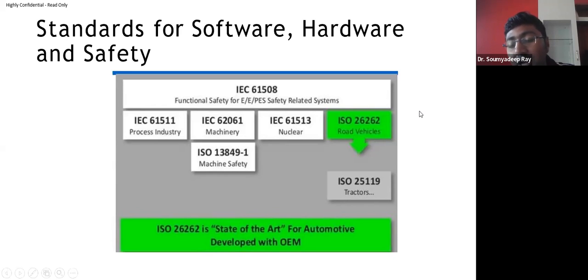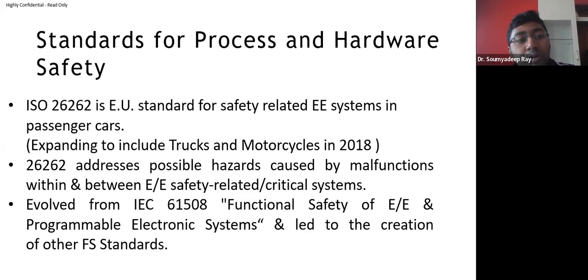I'm not talking about some other domain or other things. You should know your own things. This is the main thing I want to convey here. ISO 26262 is a European Union safety related standard for electrical systems in passenger cars.